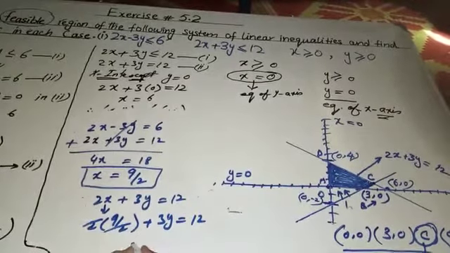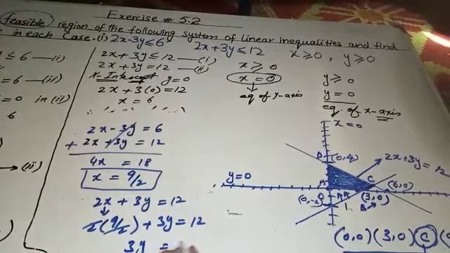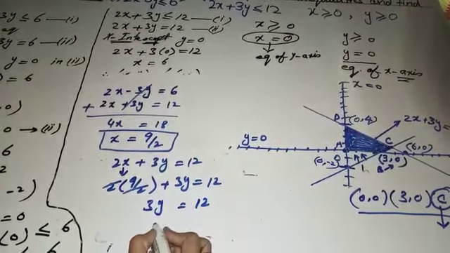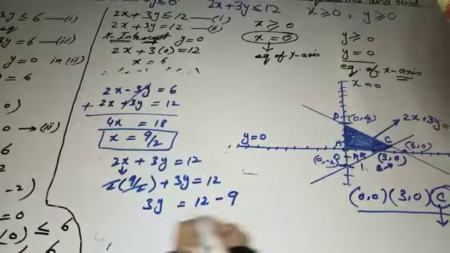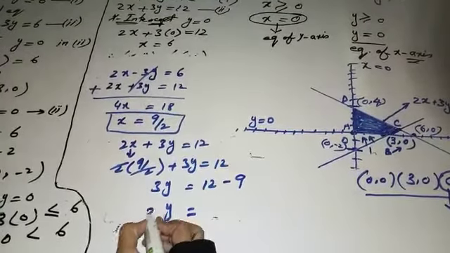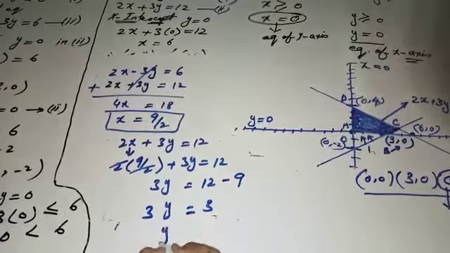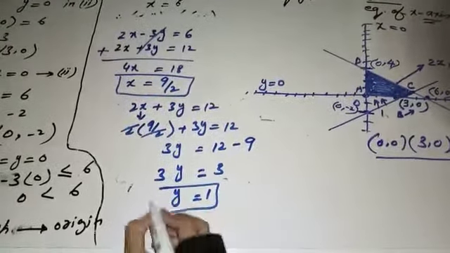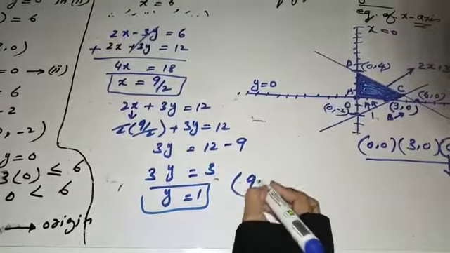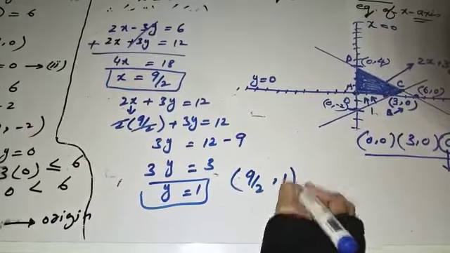Cancel out. 3y is equal to 12 minus 9, and 3y is equal to 3. Value of y is equal to 1. So this is the unknown required point having value 9/2 for x and 1 for y.